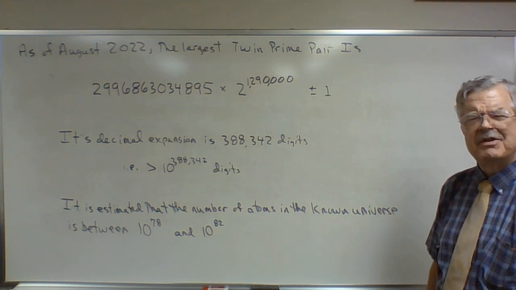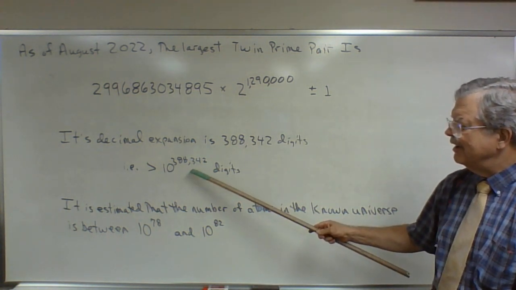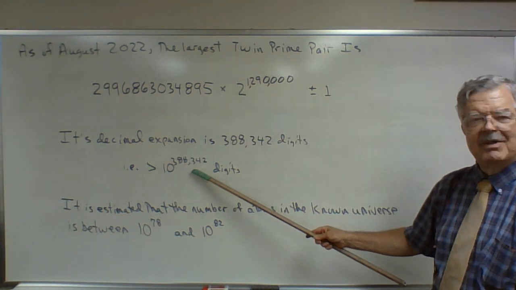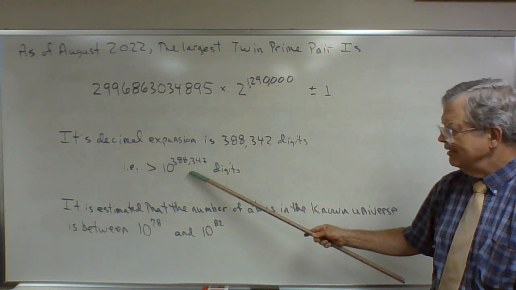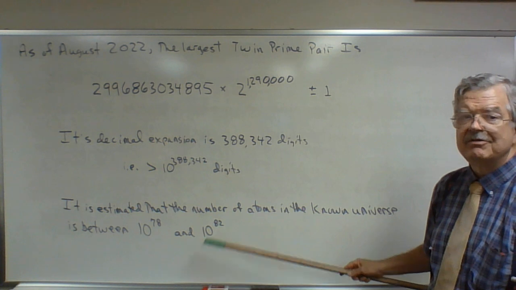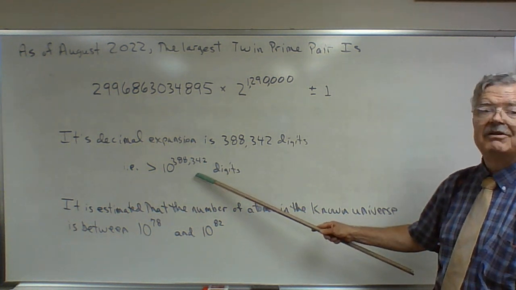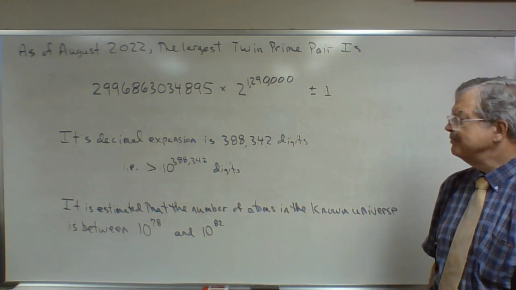This is the number of digits that our largest twin primes have. Oh my goodness, this is unimaginably larger than the number of atoms in the known universe. We're talking huge, huge, huge numbers here.